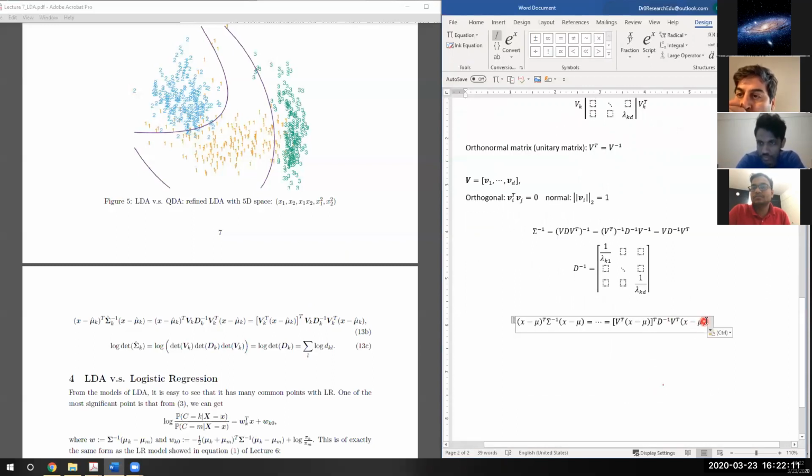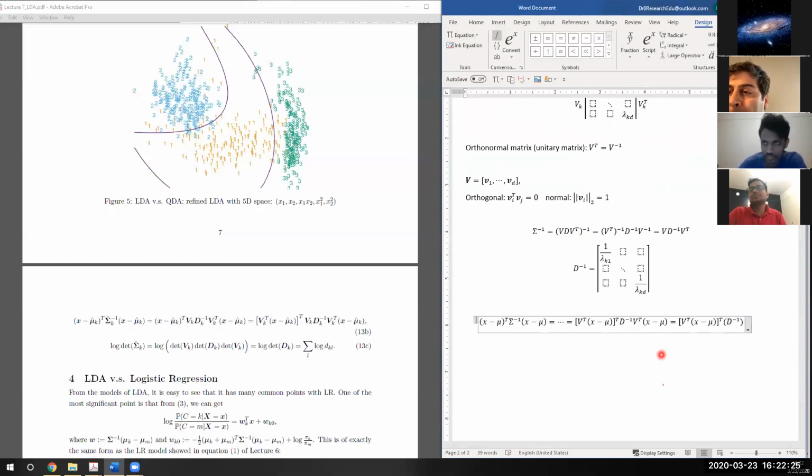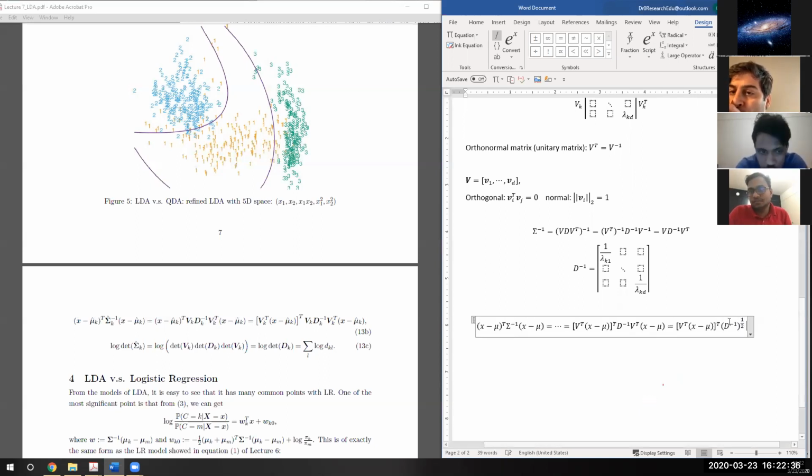And here you can further decompose it in this way. Put a half here. Okay, and then you copy and paste.